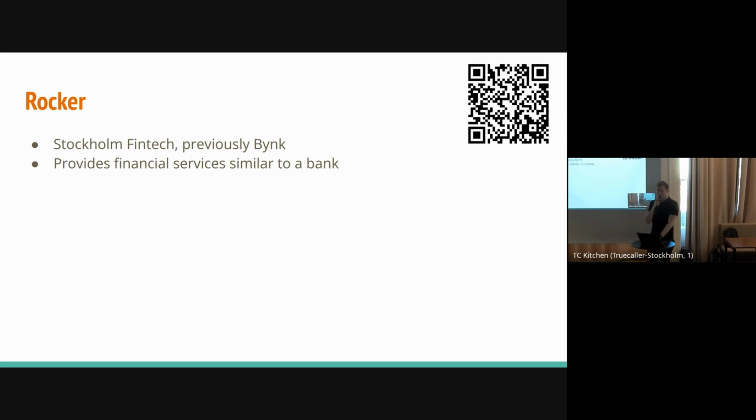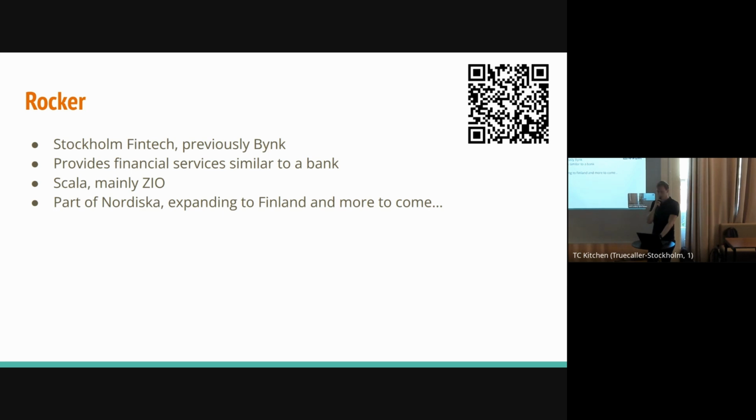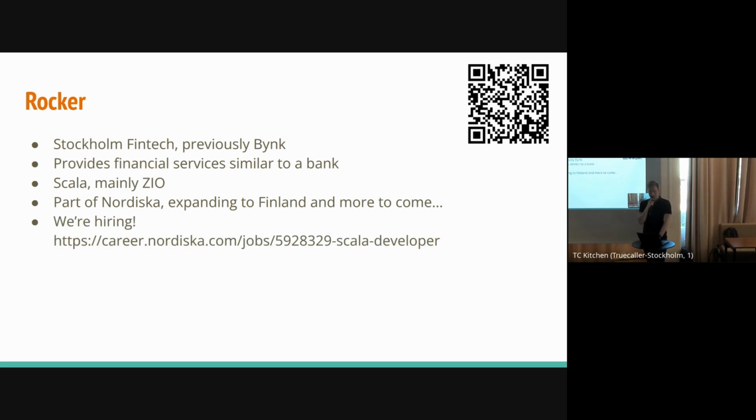They use it kind of like Klarna. And in our stack, we use Scala in the backend and mainly CU. And about a year ago, we were acquired by Nordiska, which is a bank. And now we have a lot to do. We're expanding to Finland and more stuff coming. So if it sounds interesting, we're hiring.